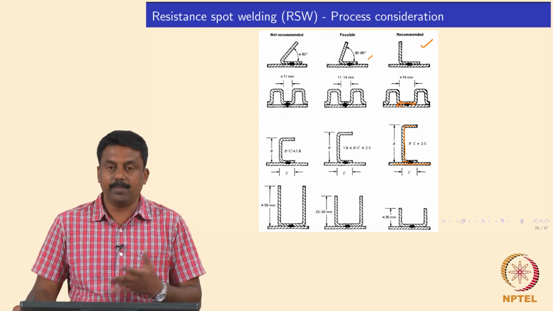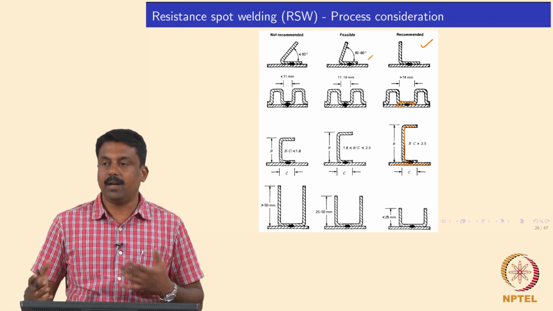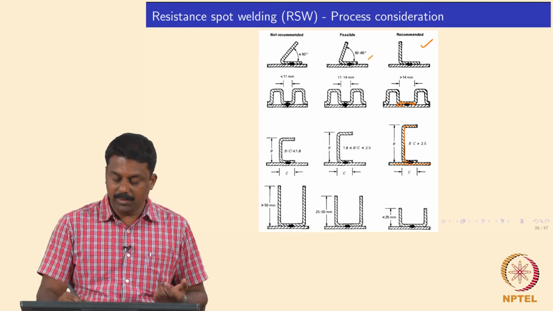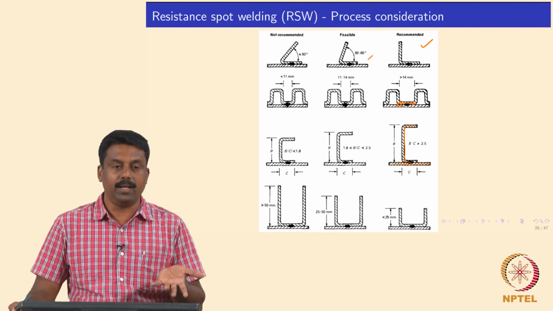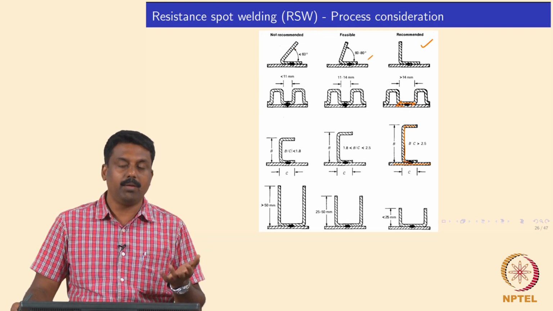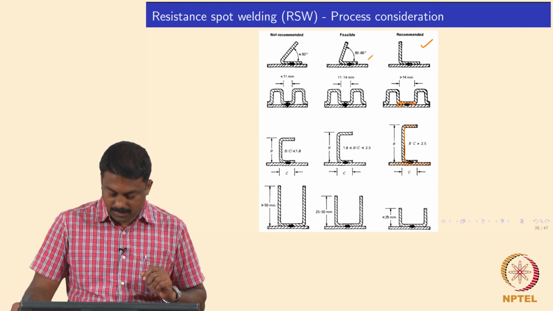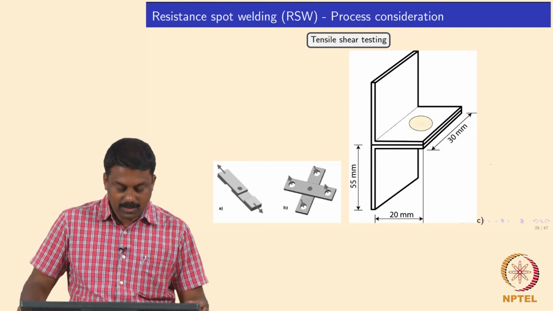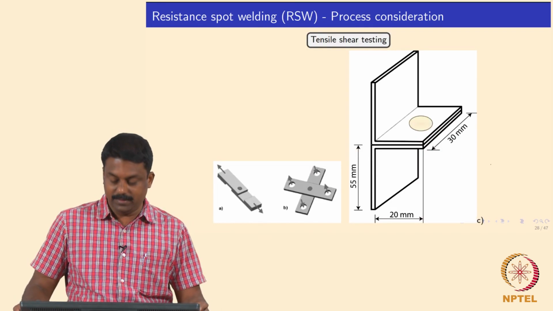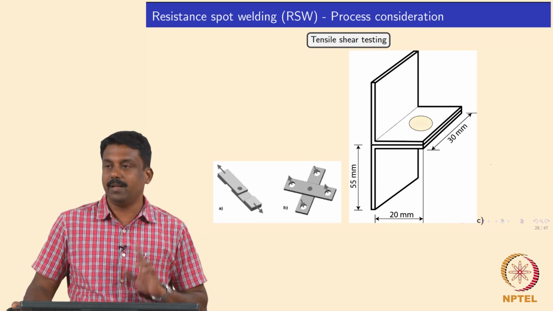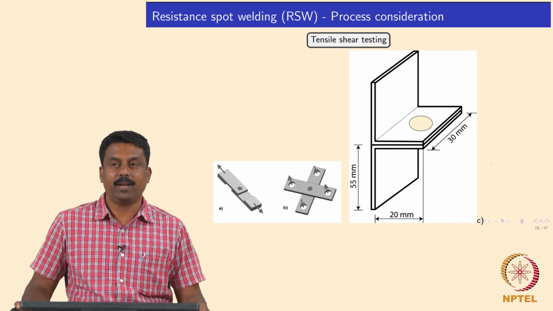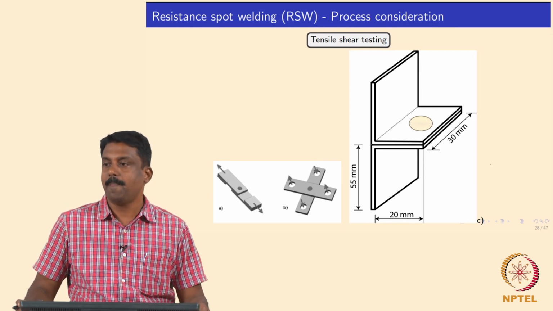Otherwise you will end up not balancing the force, and you induce a lot of stress on the weld nugget, and the weld is prone to failure, right? It's clear. We will also look at testing, how we can quantify the weld nuggets, maybe in the next class. Okay, good. Any questions so far?